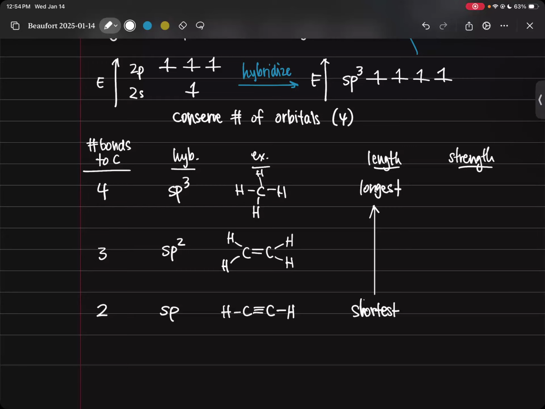And then longer bonds are weaker because the things are further away from each other. So sp3 carbons make the weakest bonds. sp carbons make the strongest bonds.